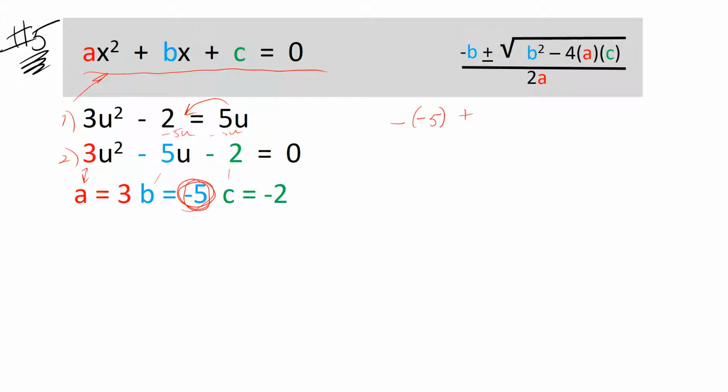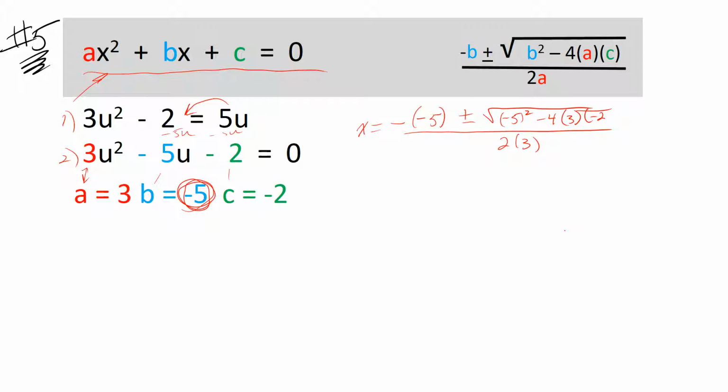Then we'll do the plus or minus and the square root. Again, we're just plugging in numbers. B squared is negative 5 squared minus 4 times A, and A we said was 3, and C was negative 2, and that's all over 2A, and A we said was 3. All right, so this is what x is going to be.